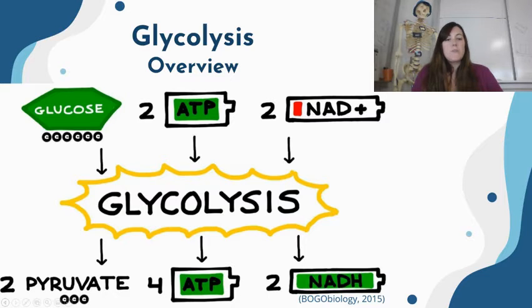These NADH molecules are then used as electron carriers in the electron transport chain in the mitochondria, ultimately producing more ATP using proton gradients across the mitochondrial membrane and the protein ATP synthase.